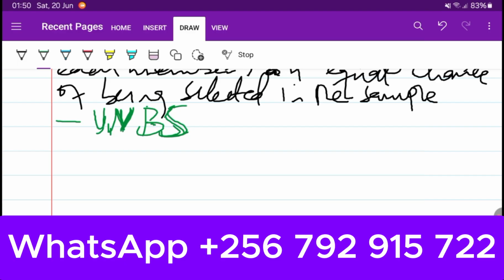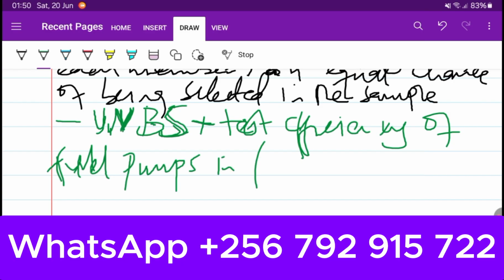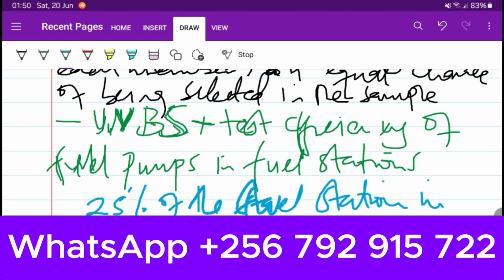in different fuel stations, they can say that the sample is going to be maybe 25% of the fuel stations in one town.